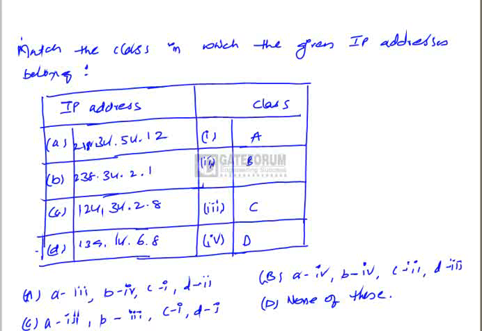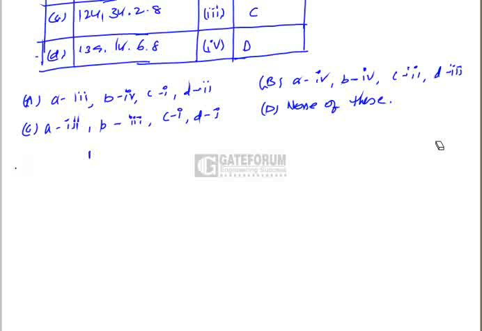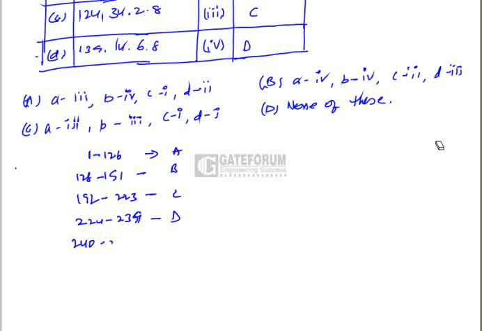If the first octet ranges from 1 to 126, then it belongs to class A. If it ranges from 128 to 191, then it belongs to class B. If it is from 192 to 223, then it belongs to class C. If it is from 224 to 239, then it belongs to class D. And if the first octet ranges from 240 to 255, then that IP address belongs to class E.